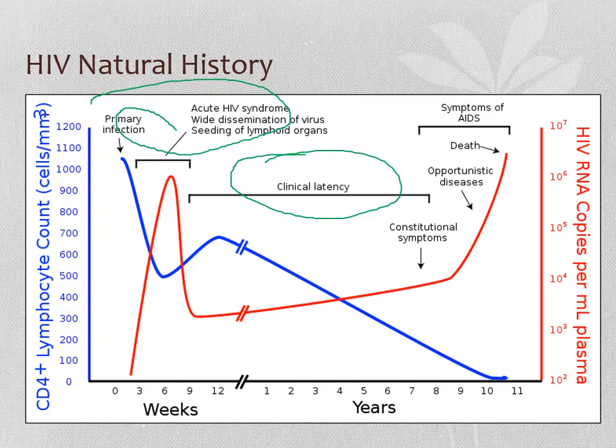Then after about 8 to 10 years, your immune system loses the battle, your immune system collapses, and the virus grows exponentially, causing virus-related symptoms as well as increasing your risk for those opportunistic infections, those strange infections that your immune system also cannot protect you from. And when you enter that phase, that is AIDS, acquired immune deficiency syndrome.